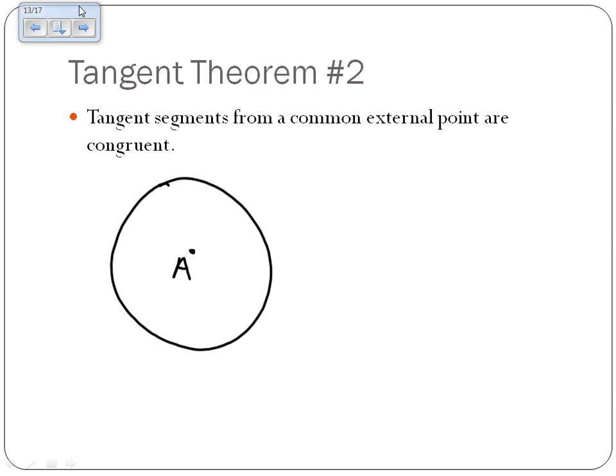So put a point anywhere. I'm going to put it right there. B. I need tangents from point B, because they come from the same external point. How many times does the tangent hit the circle? Once. So from point B, you can draw it there, where it hits once.